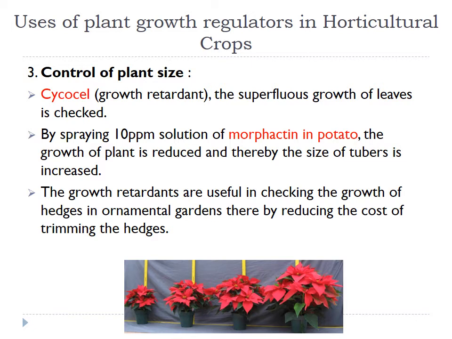Since you are reducing the growth of the plant, the energy or the food can then be directed towards the tubers. And commonly growth retardants can be used for ornamental gardens or ornamental flowering plants so that you can reduce the cost of trimming and pruning of the hedges.